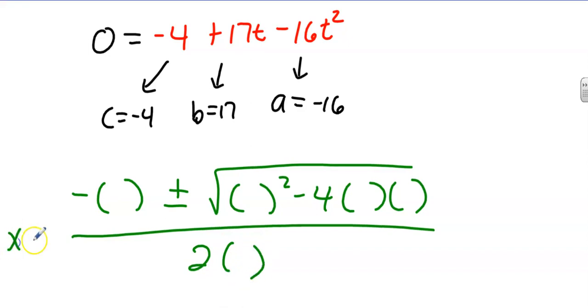Okay, so we'll go back and plug in. In this case it was t, so technically we'll need t instead of x. But we'll go back and plug in the numbers here. The b value is 17, so that's 17 squared minus 4 times a times c. And all that's over 2 times 8.